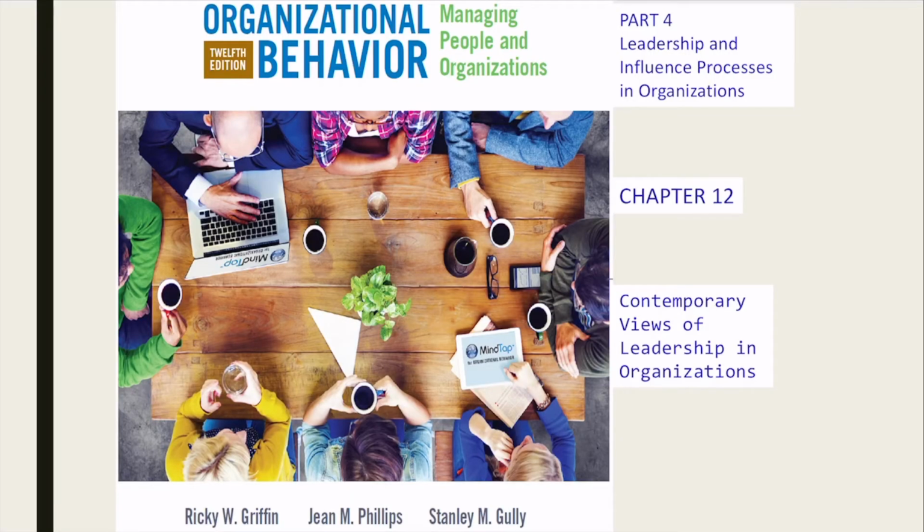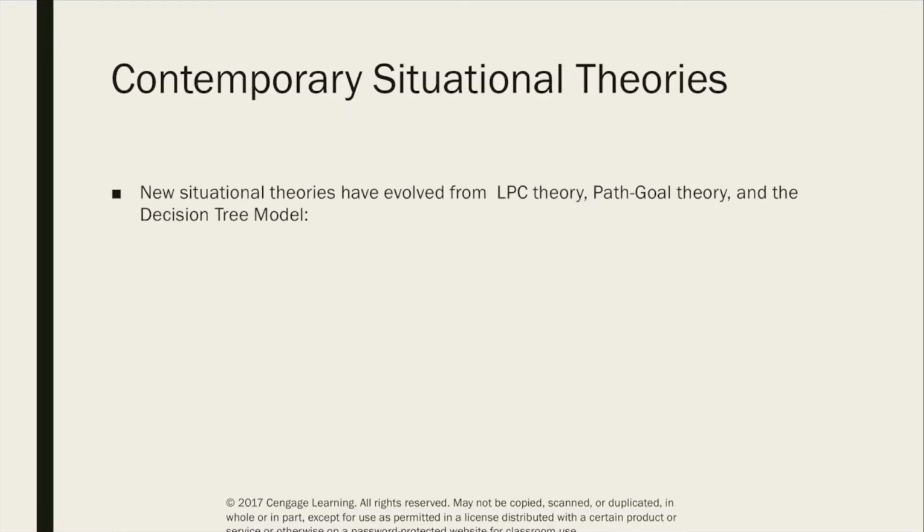Okay, everybody, welcome back. This week we're going to be in Chapter 12, which looks at the contemporary views of leadership in organizations. Now, in the past, and I believe last week, we looked at several theories that examined the traditional roles of leadership.